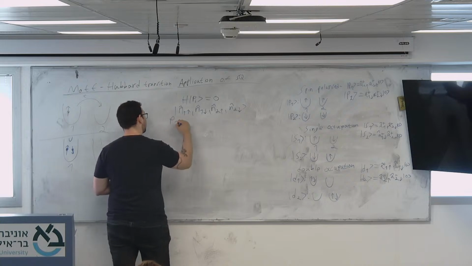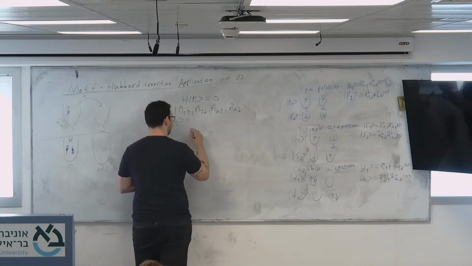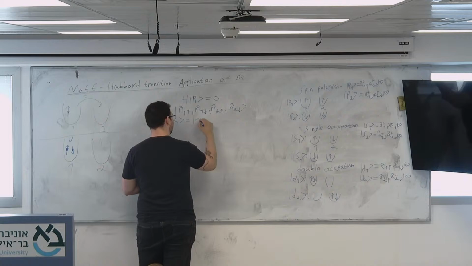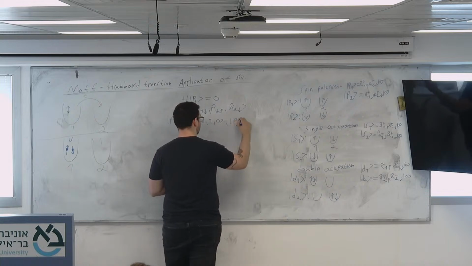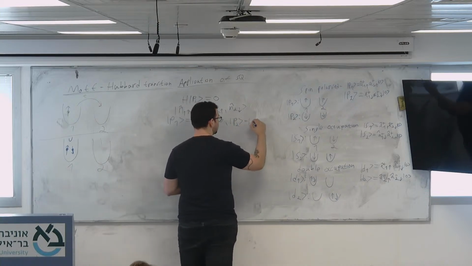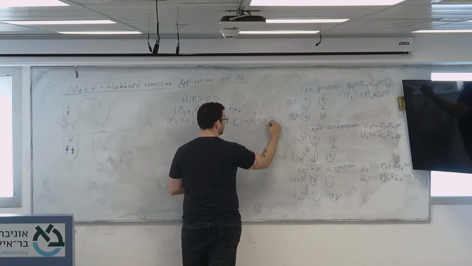So let's do it real quick. P1 equals 1, 0, 1, 0. P2 equals 0, 1, 0, 1.